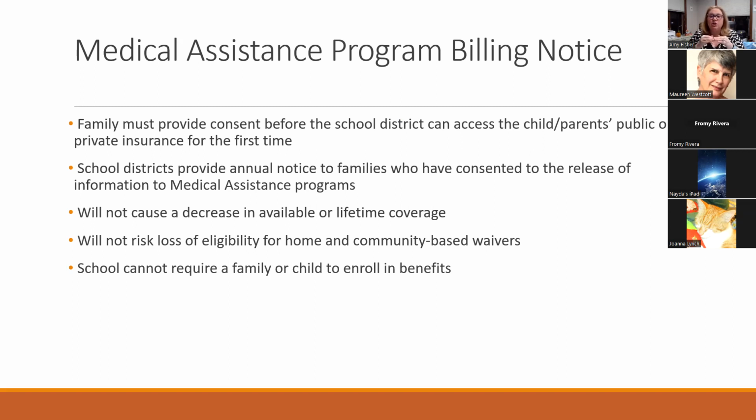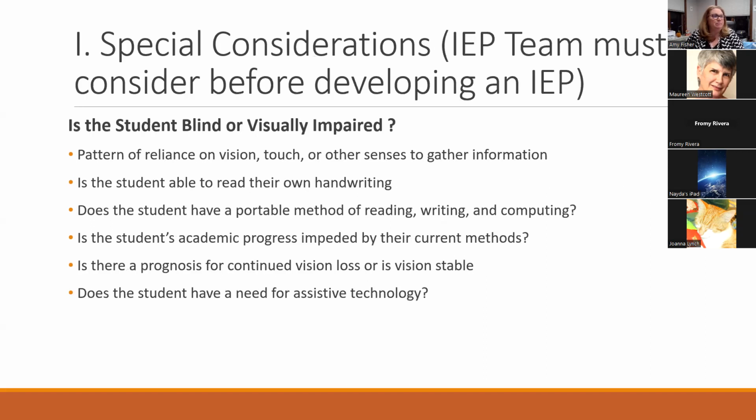So it will not cause you any decrease in benefits. It will not put you or your child at risk for accessing community-based services such as waivers. And a school can't require you to apply for these benefits, but it does help them by giving them access to additional funds to support your student. So again, that's right there in the first part of the IEP.